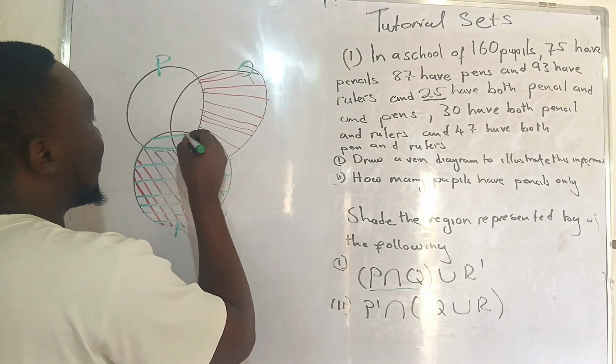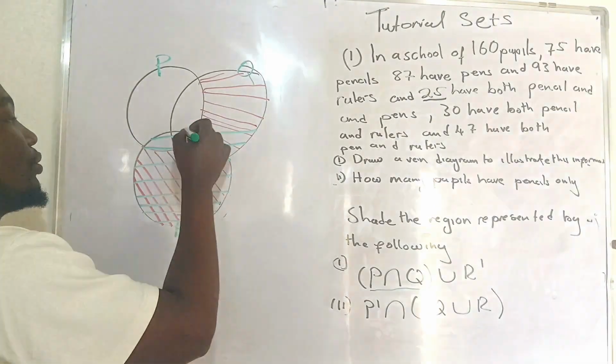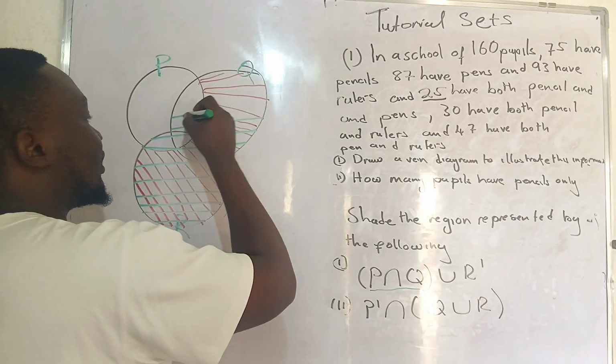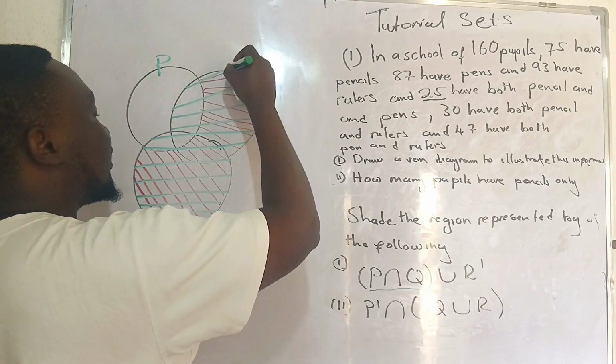You can see that I'm including these two that were not included in P complement. So you see, the entire region that represents the union.